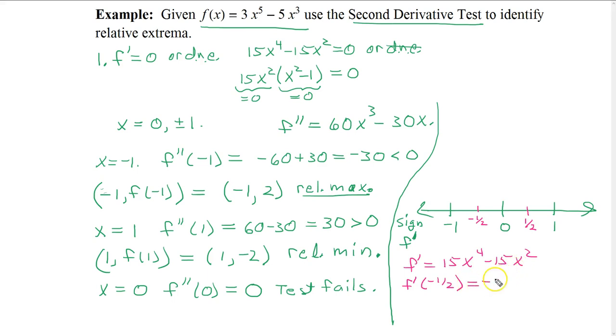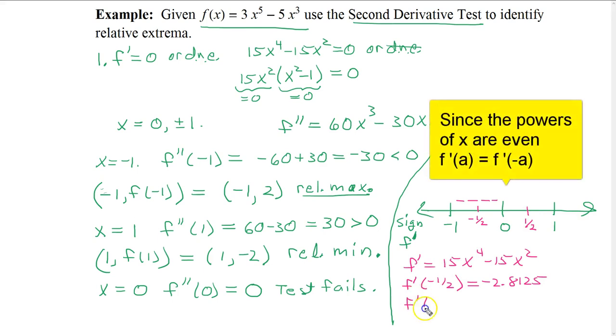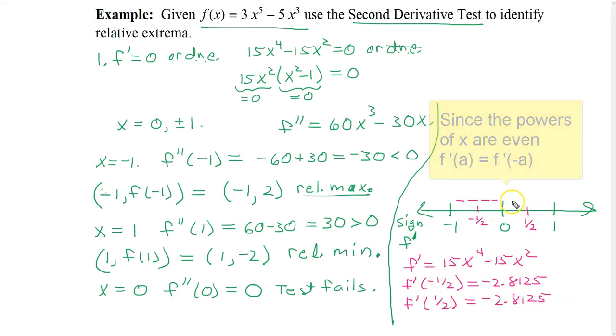You're going to get back -2.8125. So our first derivative is negative to the left of 0. If you put +1/2 in for f prime, you're going to get back the same number. And so our first derivative to the right of 0 is negative as well.